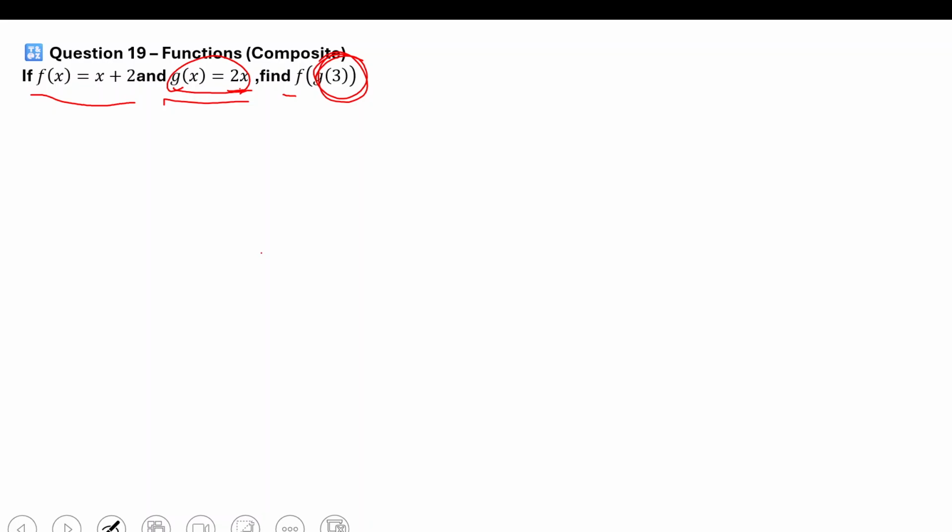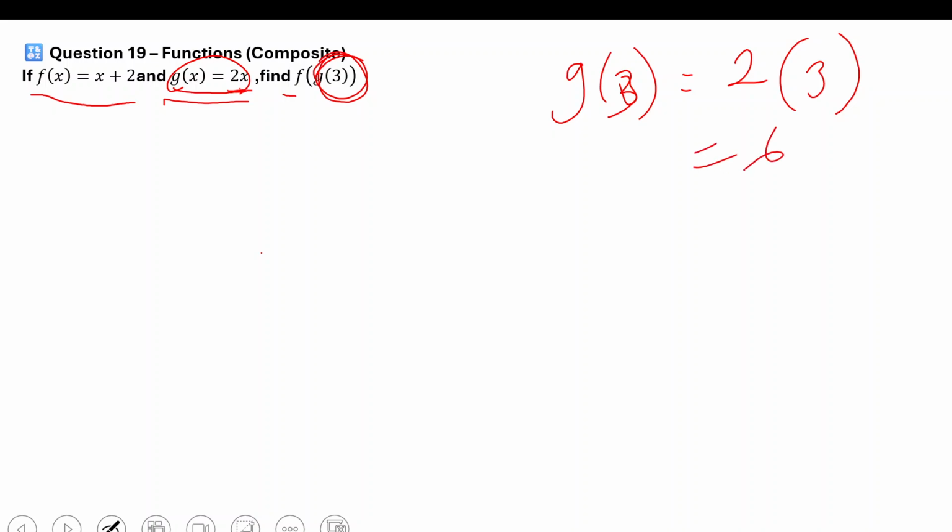So g3 is equals to 2 into 3, right? So I get 6. So I've gotten g3. So f of g3 is f6.